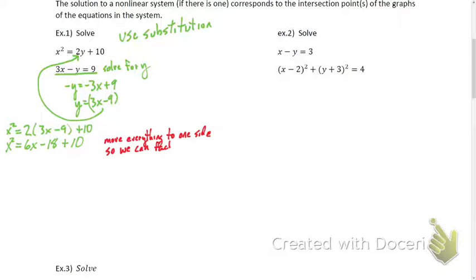And by the way, if we can't factor, you can do quadratic formula, but you still need to move everything to one side. I like the x squared term positive, and it's already positive, so let's move everything to the left side. We have negative 18 plus 10, that's negative 8. Let's add an 8 to both sides, and we get that.